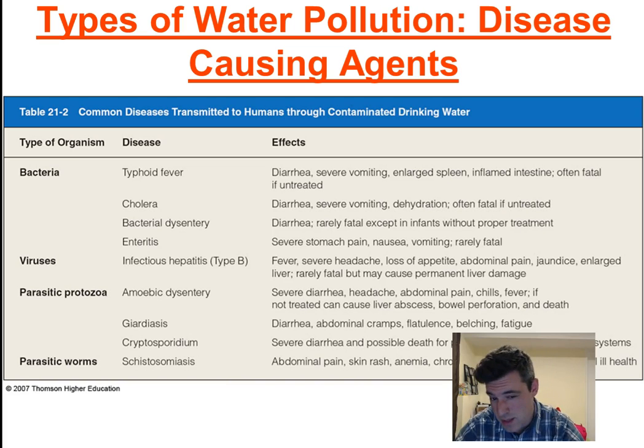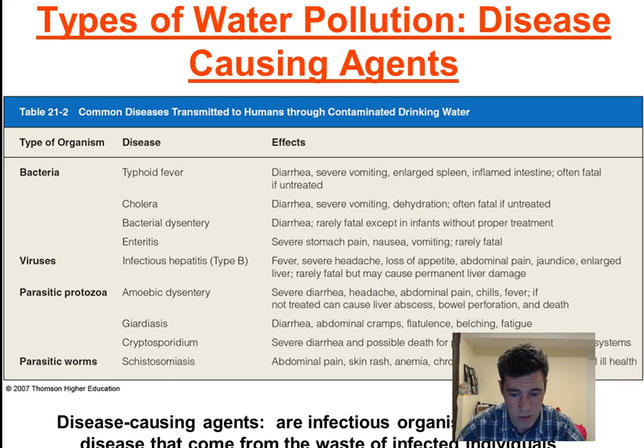They might not have plumbing, and excrement is making its way directly into waterways. And what we can see, guys, is an increase in bacteria that could cause diseases such as typhoid and cholera, dysentery. So these are all disease-causing agents that we can come across in our waterways.